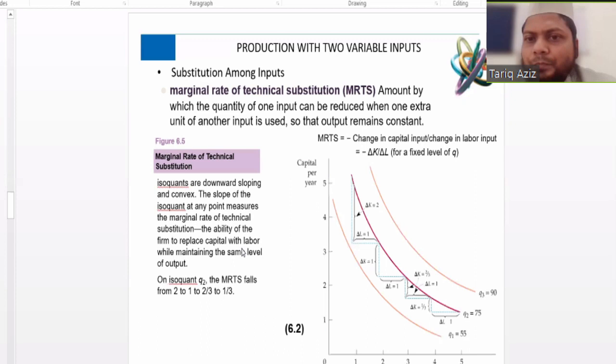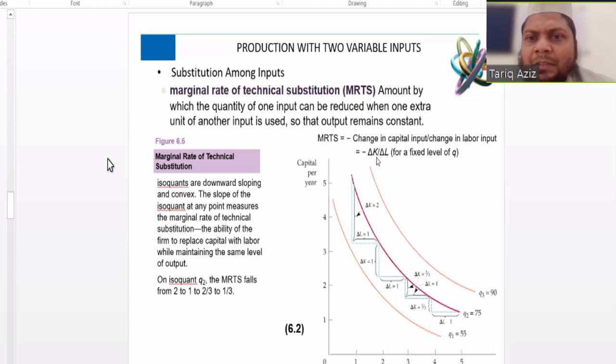And the formula for marginal rate of technical substitution is this. We can calculate the marginal rate of technical substitution by dividing the change in capital by the change in labor, or change in one input divided by change in another input.